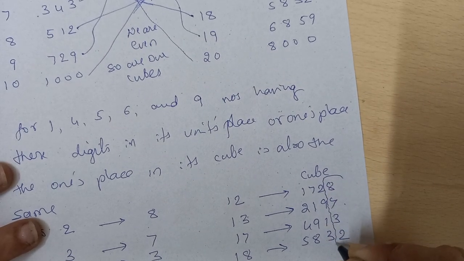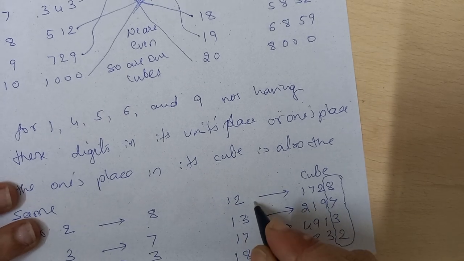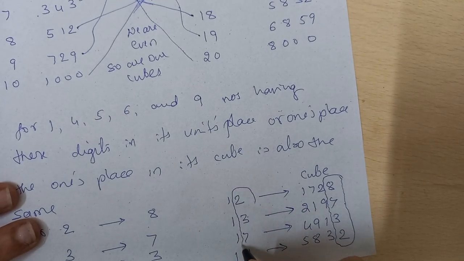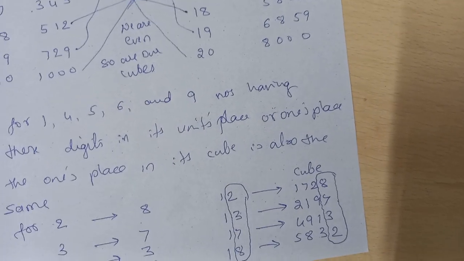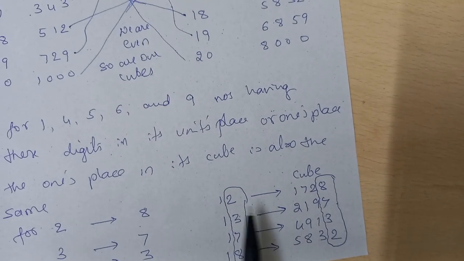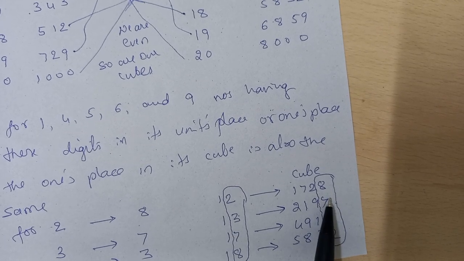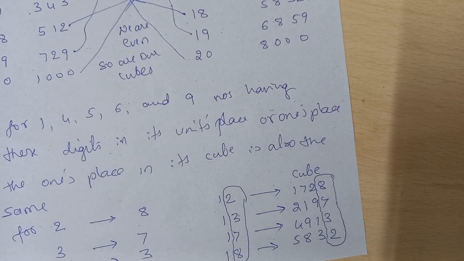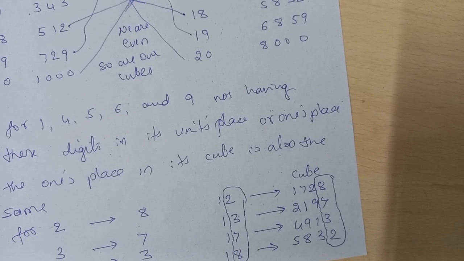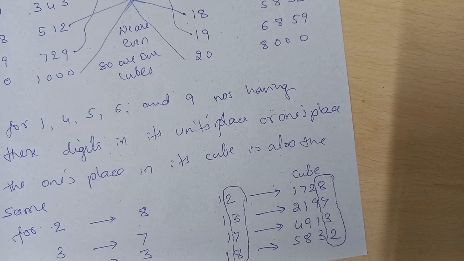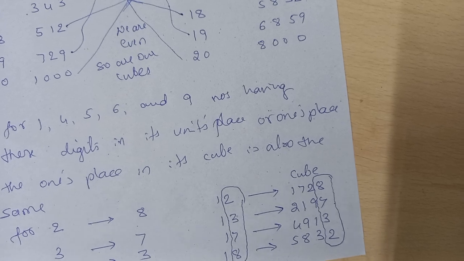Observe the ones place in the cubes of these numbers with the same numbers in the ones place. For 2 it is 8. For 8 it is 2. For 3 it is 7. For 7 it is 3. Enjoy playing with these numbers. Just some interesting facts about these cubes you please notice.